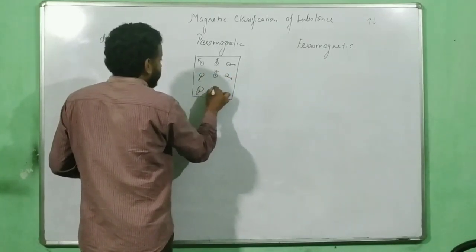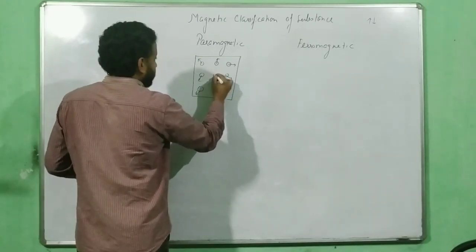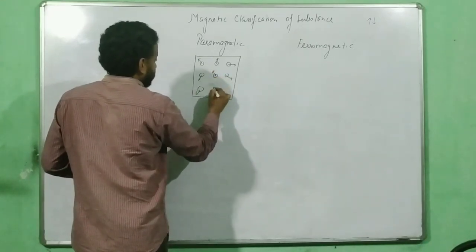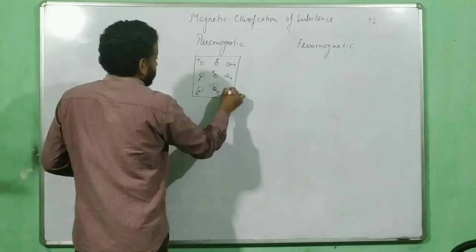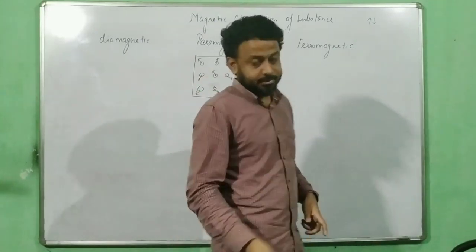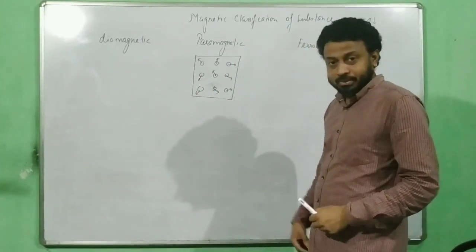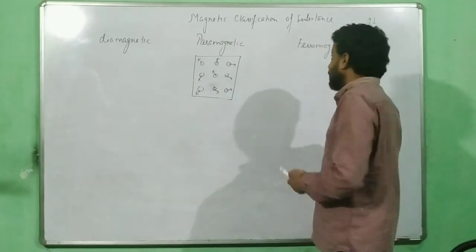Each atom has some direction of magnetic moment, and these directions are random. So when you place that in a magnetic field, we will see what is going to happen.